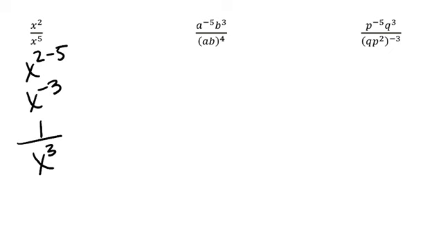For the next one, I've got, okay, a to the negative 5, b to the 3 over ab taken to the fourth. Okay, so what I'm going to do is deal with that parentheses on the bottom. A negative 5, b 3. This is a to the 4, b to the 4.